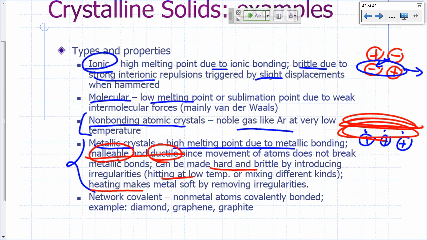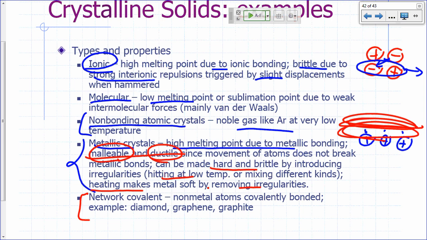Now, if you heat a metal, it has a tendency to soften. Why? Because by heating it, you're giving the atoms of the metal the ability to move about. You give them time to settle into a much better position, so that's a way of removing irregularities.